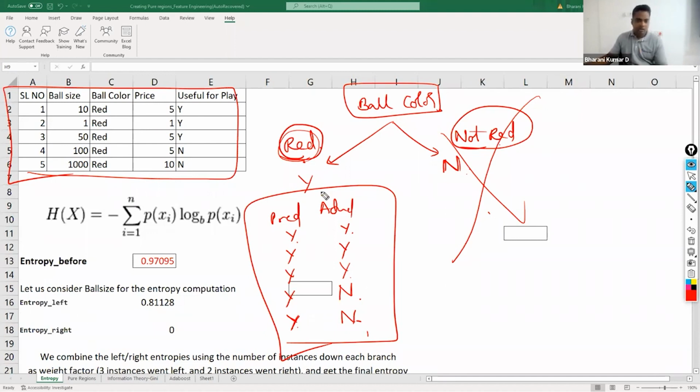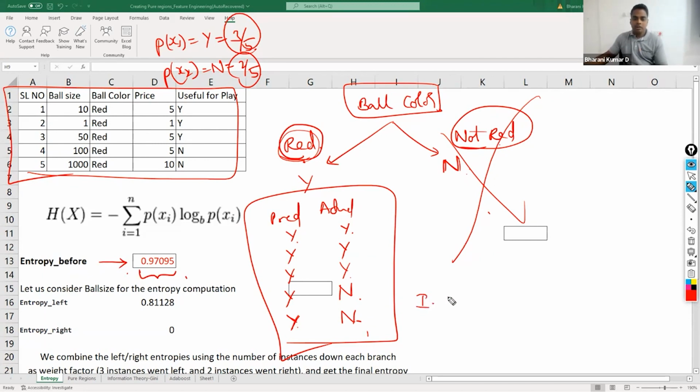When you choose everything, for probability of x1, which is yes, how many yes do we have? 3 out of 5. P of x2 will be no. How many no do we have? 2 out of 5. When you solve it, do you know what you'll get? You'll get the value exactly similar to entropy before.